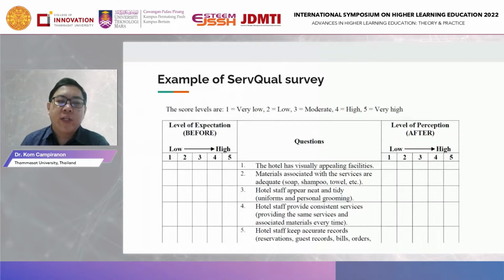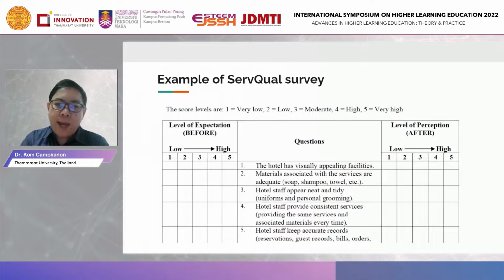Is it high or very high? If it's very high, it could be 4 or 5. Now on the right, we ask them again the same questions about the hotel facility in reality, or the level of perception. What is their perception once they have already seen the reality, right? Is that low or high or not, right?